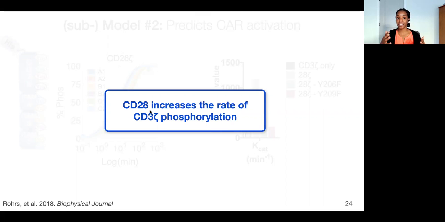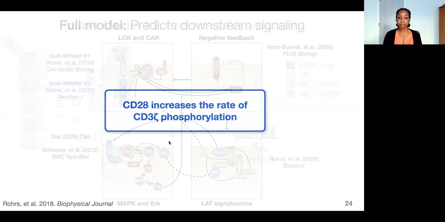It was known that CD28 does something. It enhances some aspect of CAR activation. We know that perhaps it led to greater killing of tumor cells or more proliferation, but some of the mechanism underlying those functional responses hadn't been understood. And so this was a novel contribution that we were able to make.